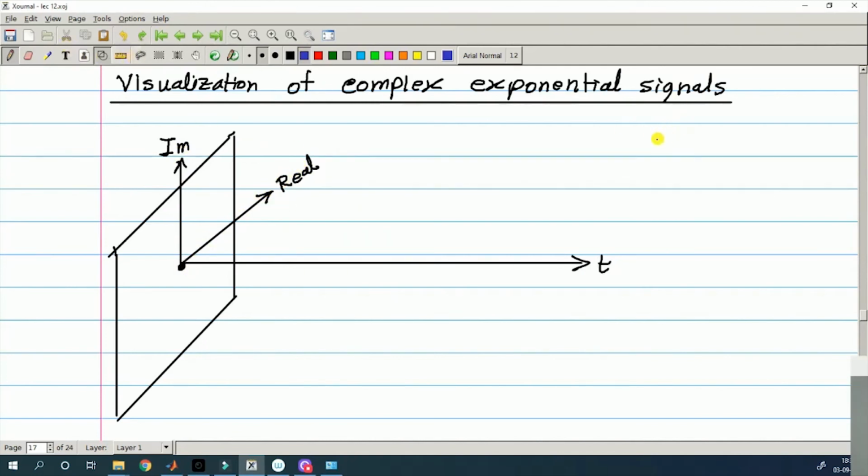Now consider a complex signal, call it z(t), equal to e to the power j omega n t with some coefficient, where this coefficient c itself can be a complex number of the form, say, r e to the power j theta.